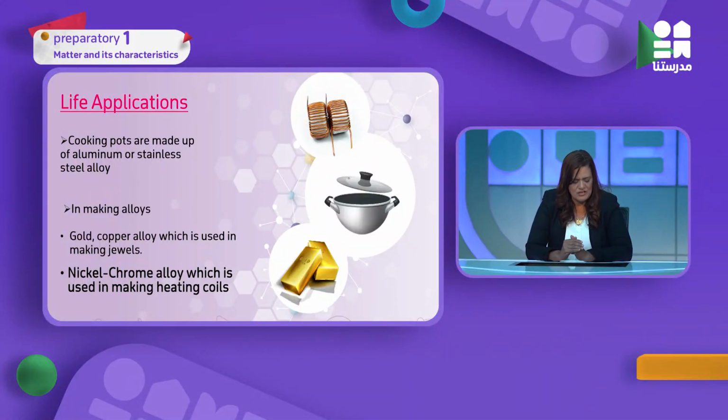Nickel chrome alloy which is used in making heating coils. يعني ايه كلمة heating coils؟ زي بالظبط الهيتر which is used for warming. We connect it with electricity. This electricity produce a large amount of heat through certain wires, can resist the heat, and it has a high melting point.